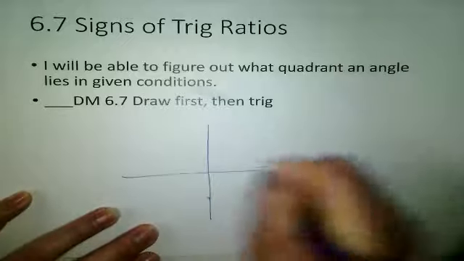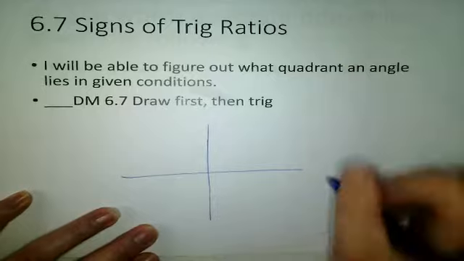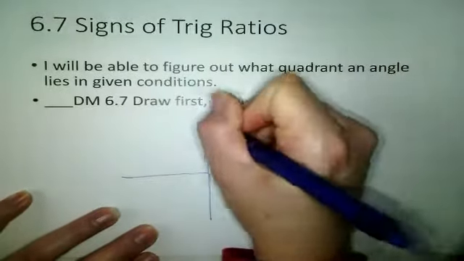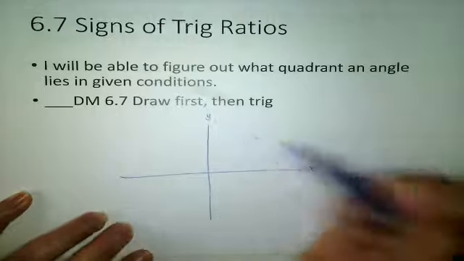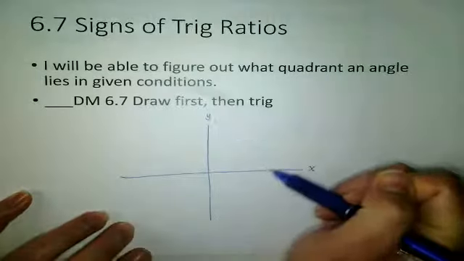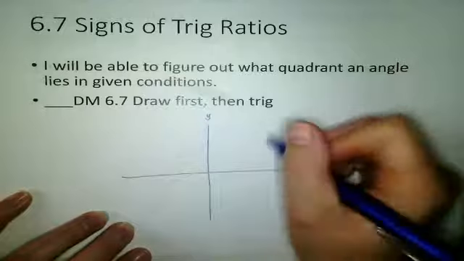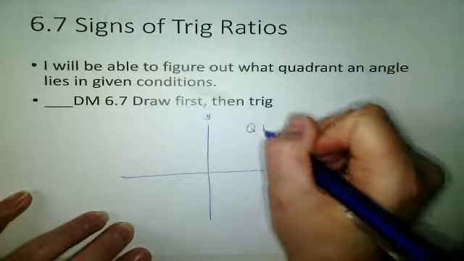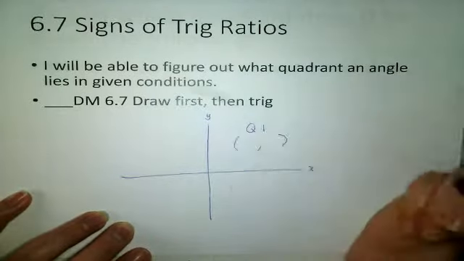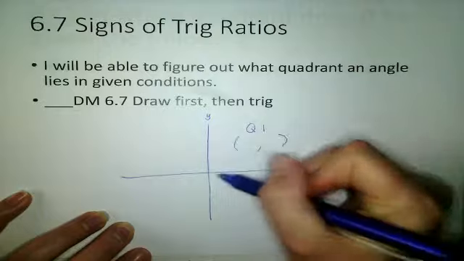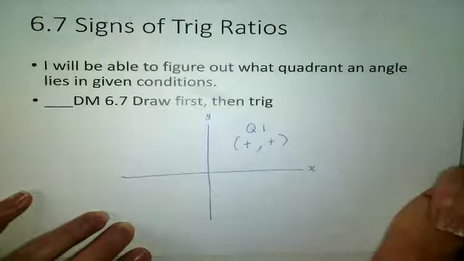We're going to start with our XY coordinate plane because we put our unit circle on top of the coordinate plane. And so everything that we ask is basically based on ordered pairs. In quadrant 1, we know that all of the ordered pairs are positive x values and positive y values.